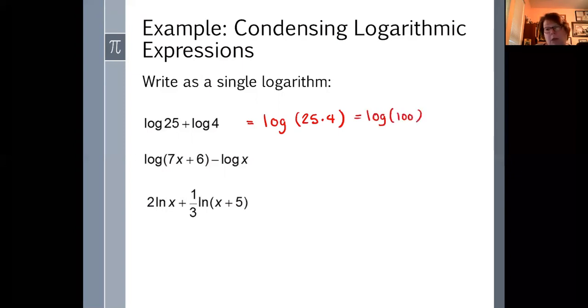This is the common logarithm. Remember, if there's no base there, if it's written log with no subscript, that is the common logarithm, or log base 10.